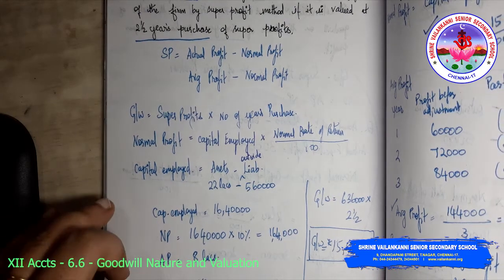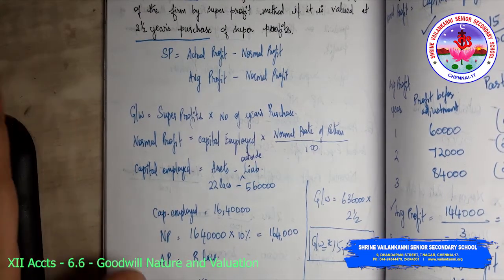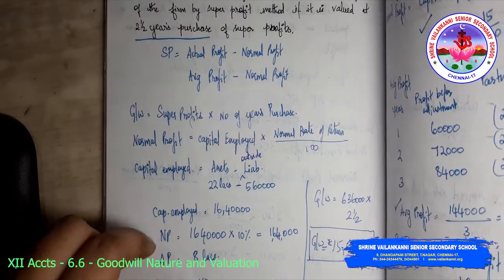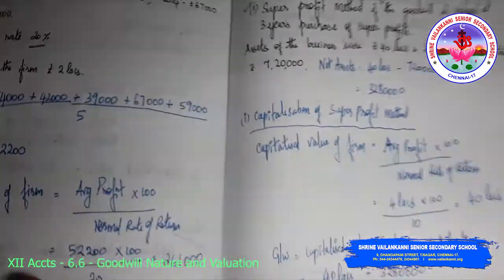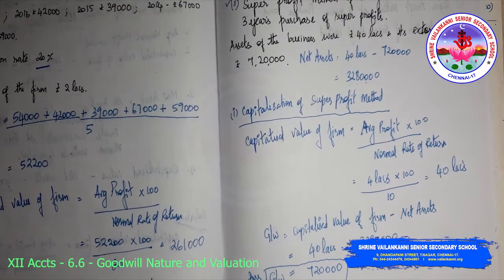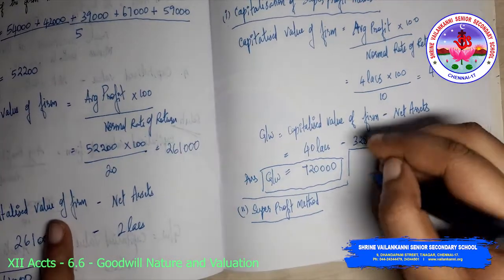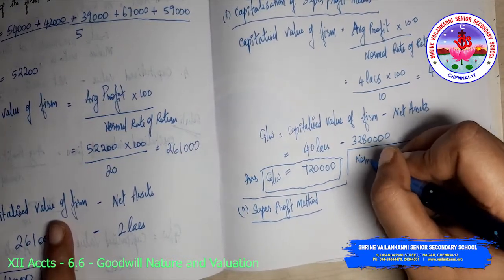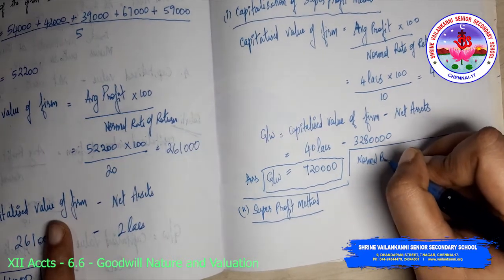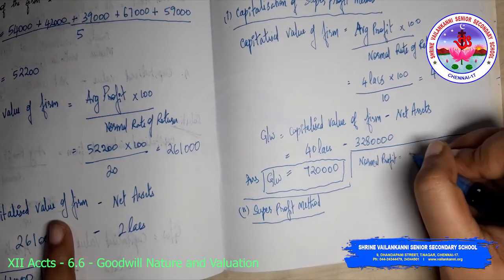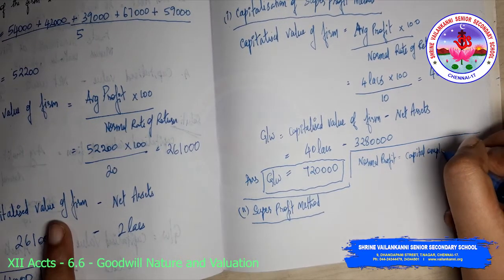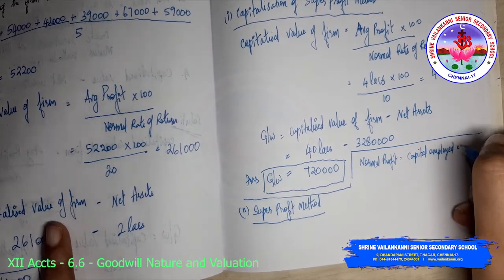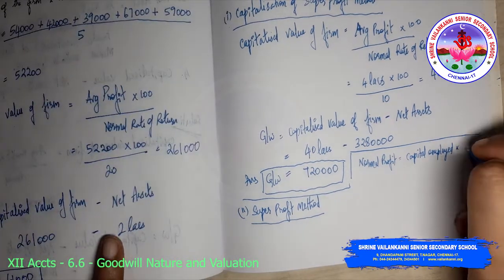So actual profit minus normal profit. We need to find what is the normal profit and actual profit. So what is the normal profit? Capital employed into normal rate of return.